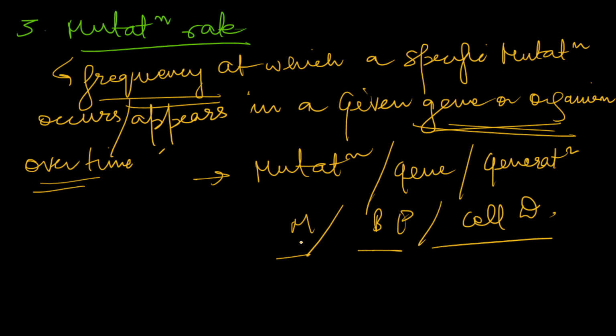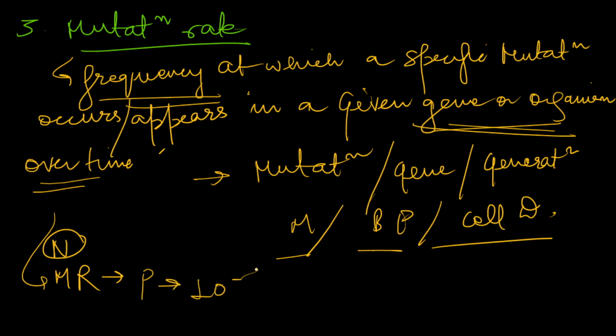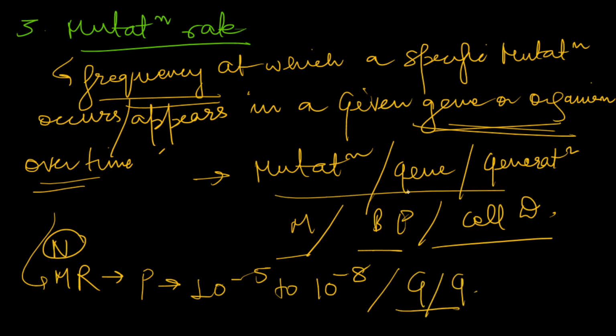For example, you can also mention that the natural mutation rate in plants ranges between 10 to the power minus 5 to 10 to the power minus 8 per gene per generation.